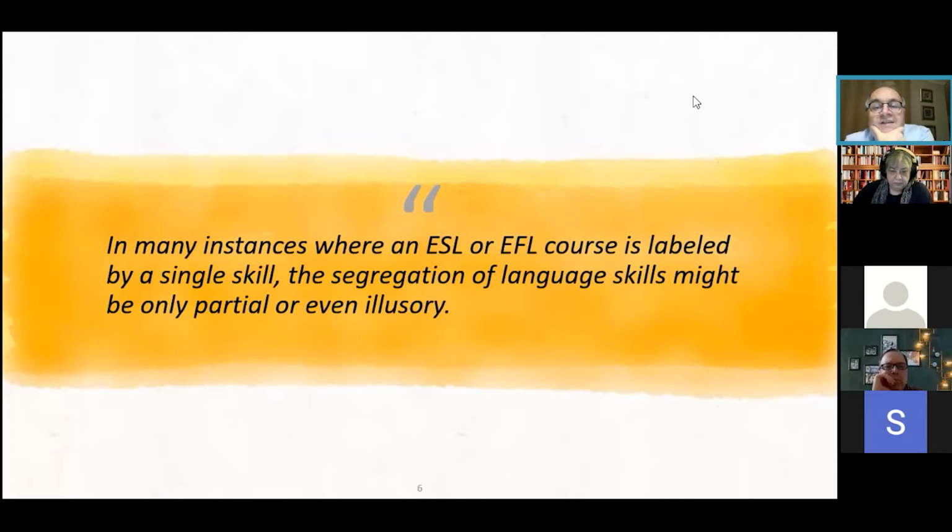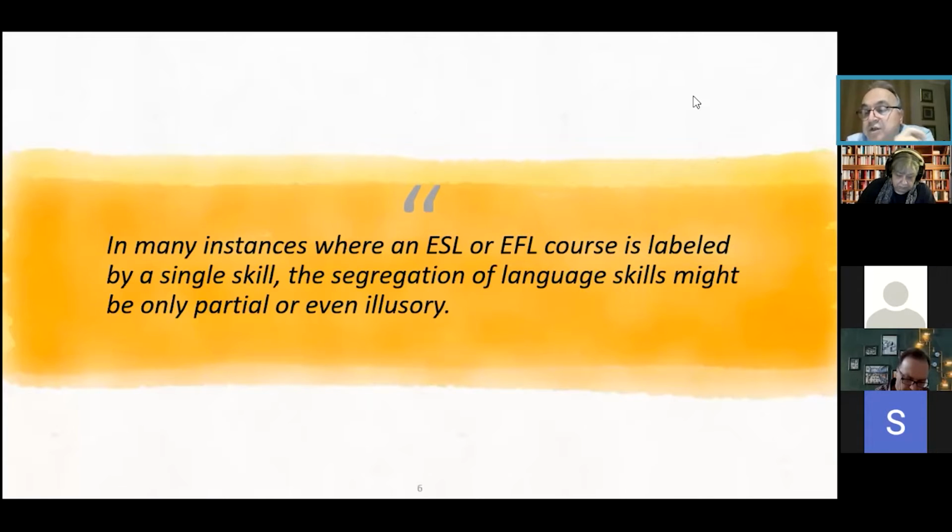Why do I say the segregation of language skills might be only partial or even illusory? In many instances, when we enter the classroom and start our teaching, as I said earlier, we should make use of more than one skill. In reality, it is rare for language skills to be used in isolation.